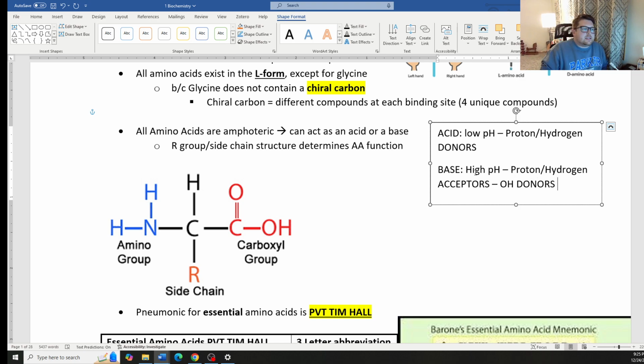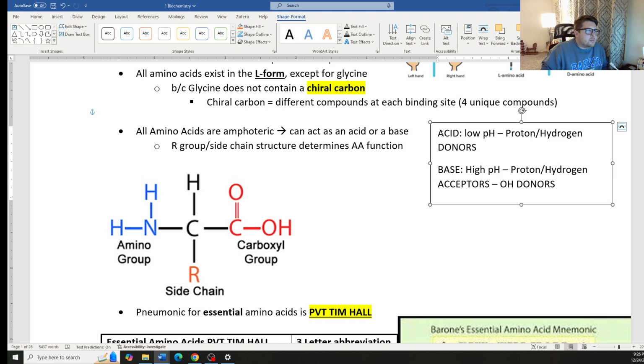So not only can bases accept hydrogens and neutralize them, they can also give off hydroxyl groups, hydroxide, OH groups, and that will then bind with the hydrogens and produce water and increase the pH.